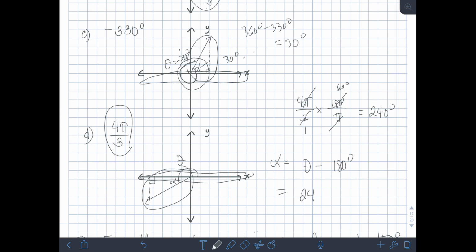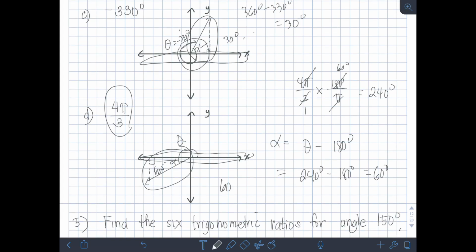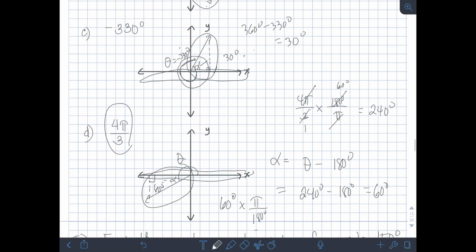So, we have 240 degree minus 180 is 60 degree. So, therefore, our reference angle is 60 degree or kung i-convert natin into radian, we multiply by pi over 180 degree, we have pi over 3.